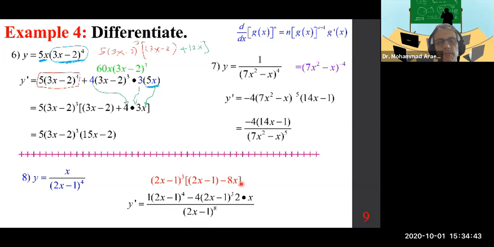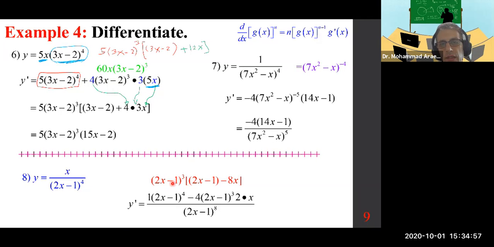Again, we had one step of calculus. We were done. Now we are doing a lot of algebra. What is the next step? Notice 2x minus 1 cubed over 2x minus 1 to the power of 8. This goes away, and this exponent changes to 5. That's the first thing.